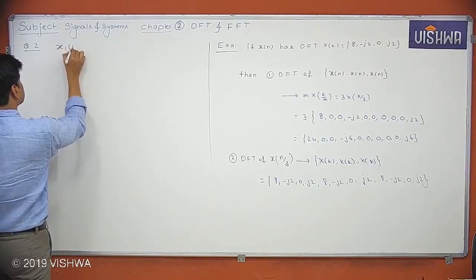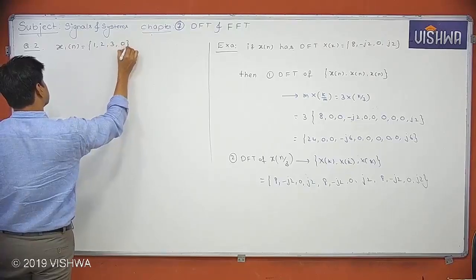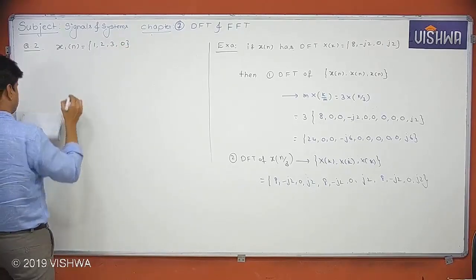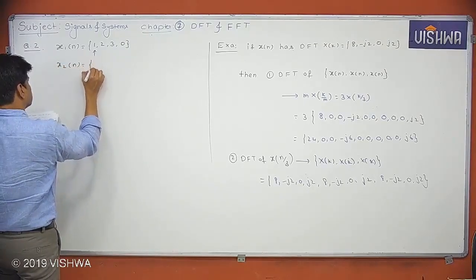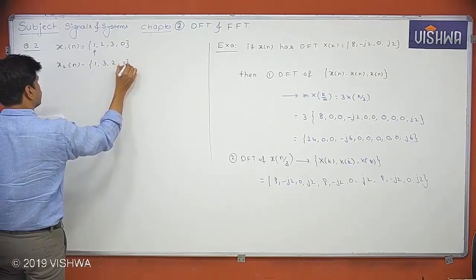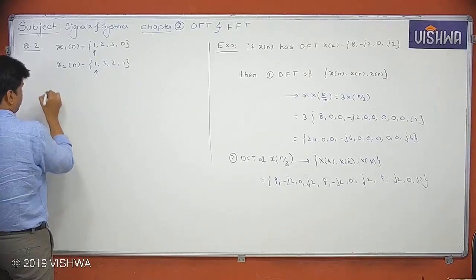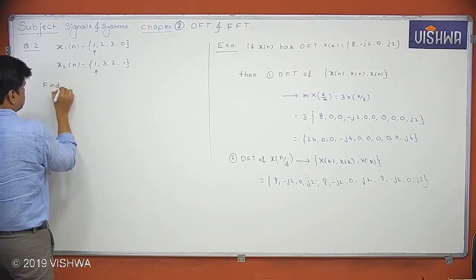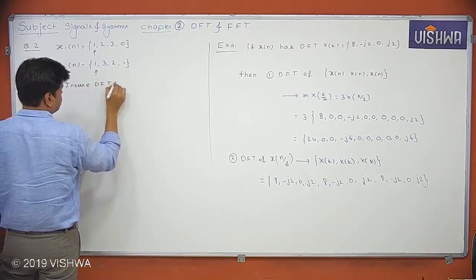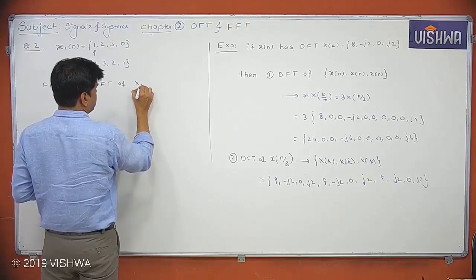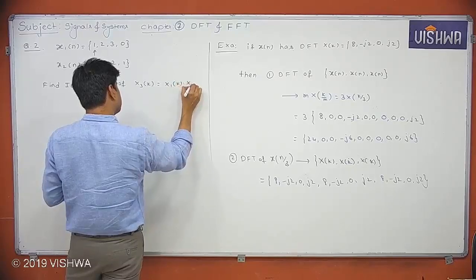Question number 2. x1 of n is equal to 1, 2, 3, 0. This is actually a GATE 2015 question. Here is the arrow. x2 of n is equal to 1, 3, 2, 1. Here is the arrow. Find the inverse DFT of x3 of k equal to x1 of k multiplied with x2 of k.